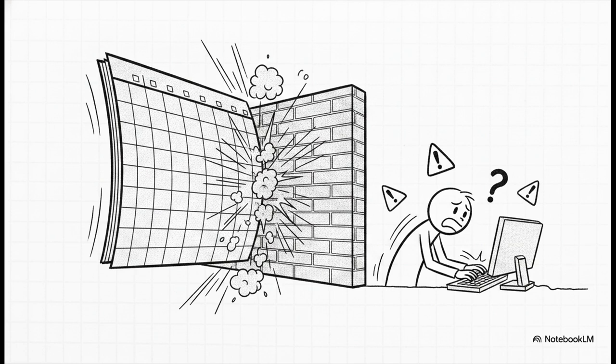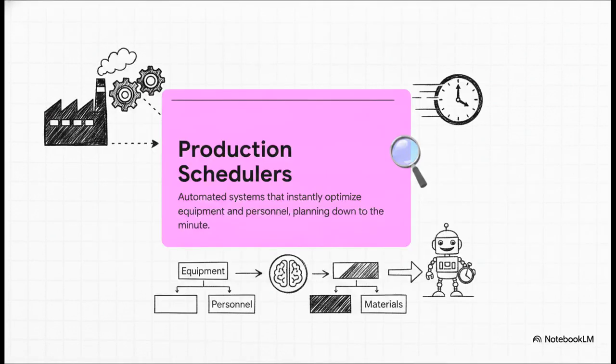But even more importantly, maintaining the schedule becomes dangerously reliant on manual human input. And in a chaotic environment where there's constant, complex manual data entry happening, catastrophic human error isn't just possible, it's practically inevitable. And that is exactly where the material points toward the ultimate evolution of process management, production schedulers.